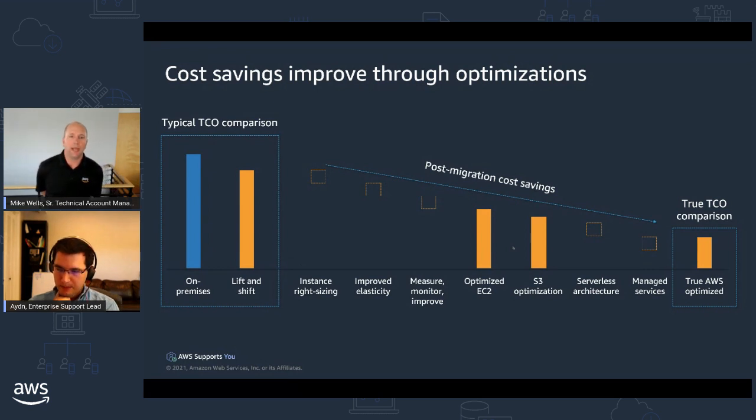However, being at least cost neutral is table stakes before considering any migration to the cloud. We typically see at least 20% savings with just a lift and shift, as you can see here. And over the first few months, customers continue to optimize their EC2 instances and S3 storage classes for an additional 20 to 30% savings. And by adopting higher level services, customers further optimize, and many see 60% or more savings.